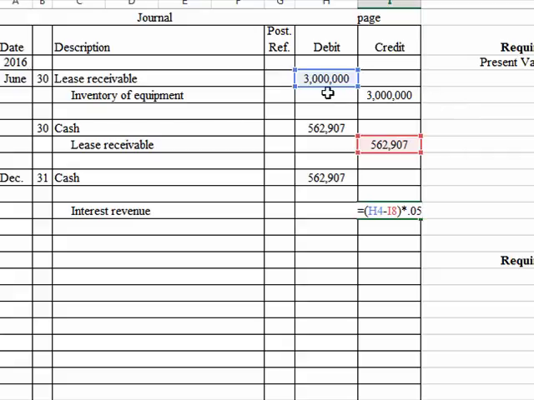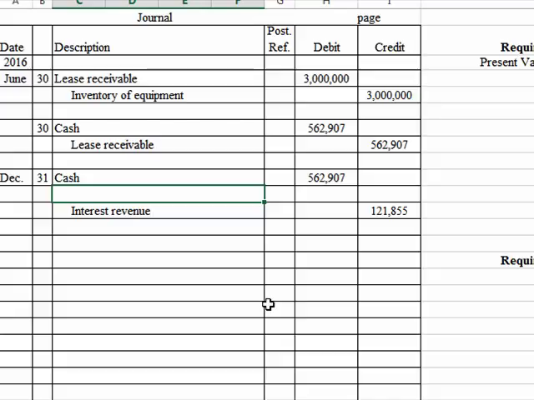So the original balance in the lease receivable account minus the decrease in the balance. So we're multiplying half a year's interest, or 5%, times the balance in the lease receivable account going into December 31st.